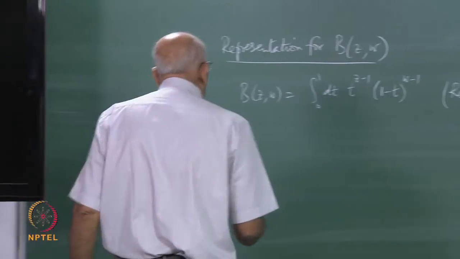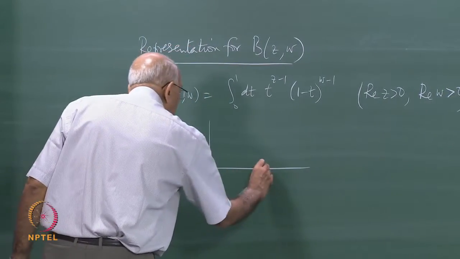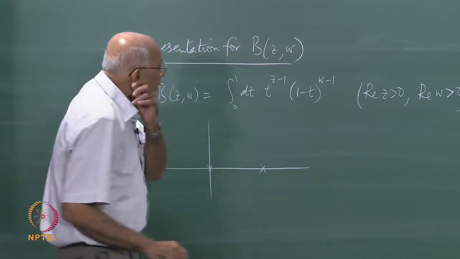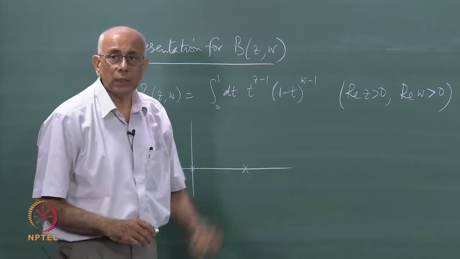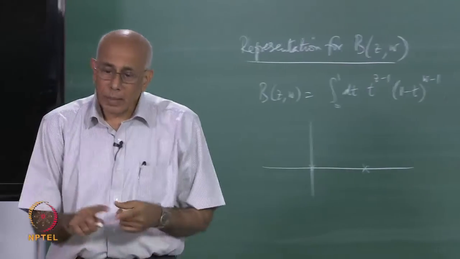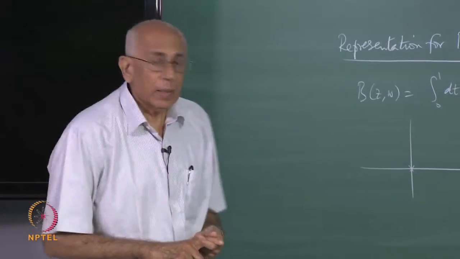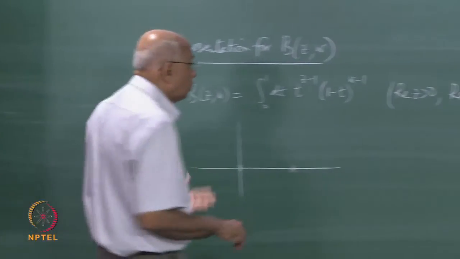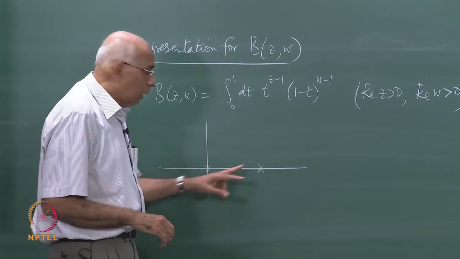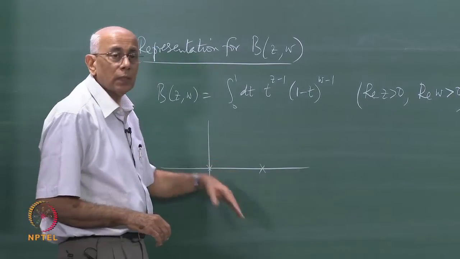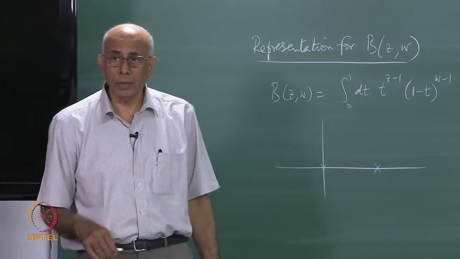So in the t plane you have a singularity at 0 and a singularity at 1, and since in general z and w are arbitrary complex numbers in this region, it is clear that there is a winding point at t equal to 0 and another winding point at t equal to 1, and that the cut, whatever cut you choose to draw in whichever direction, runs from 0 to infinity from here and 0 to infinity from here, and the discontinuities are given by examining the integrand more carefully.